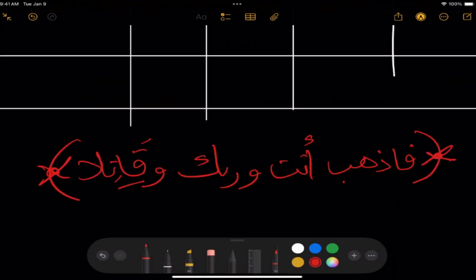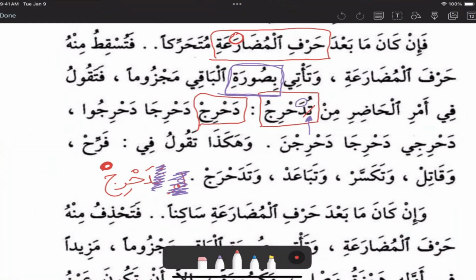So there, قَاتِلَا. They said, so go you and your Lord and fight. إِنَّا هَاهُنَا قَاعِدُونَ. We will be sitting right here. That's a very good homework assignment.